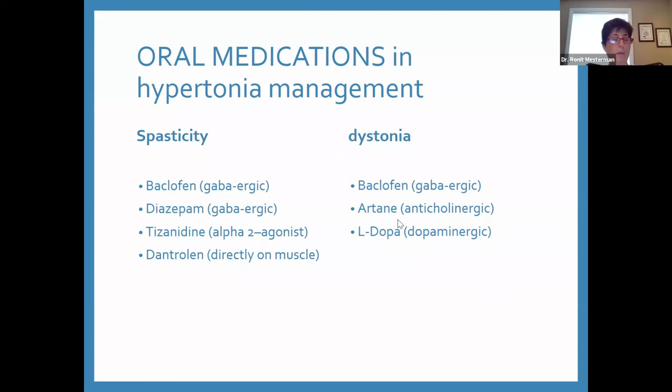Okay, let's start with the oral medications. Again, I'm trying at times to separate, especially when there are differences. So we have the medications that we typically use for spasticity, which include baclofen, diazepam, tizanidine, and in the literature it is mentioned dantrolene, but I have to be very upfront that I've never used it, and I have not met among my colleagues anyone that is actually using it, so I won't say too much about it.